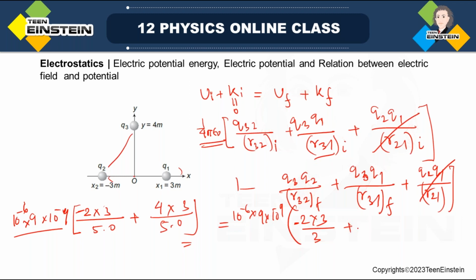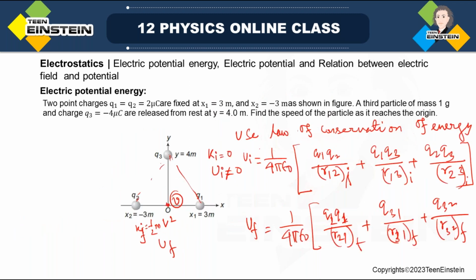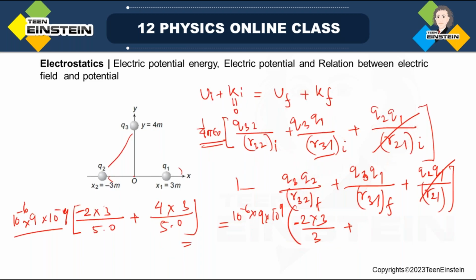And Q3 actually is minus 4 microcoulomb. We have made some mistake here in the calculation.